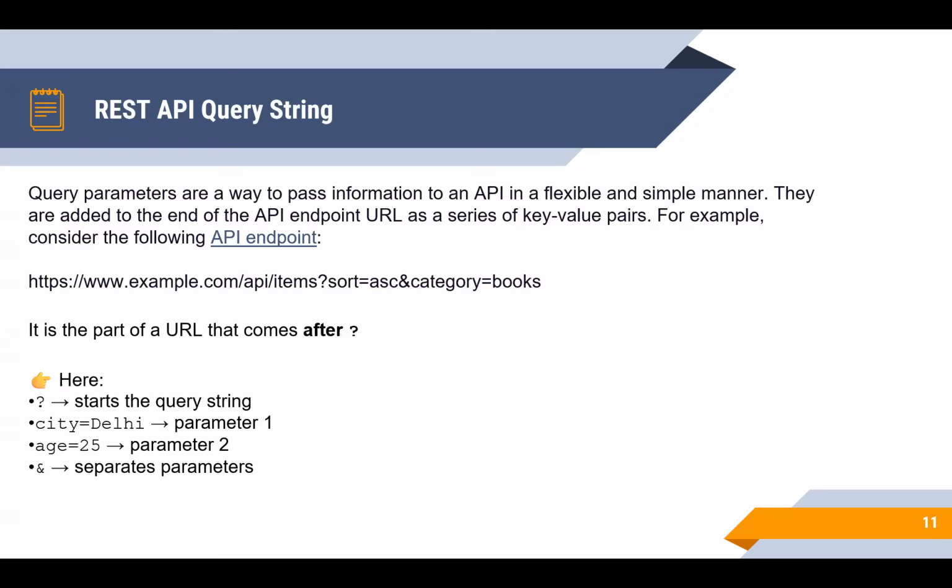Whenever you see any URL, it doesn't matter whether it's a REST API URL or any website URL, if you are able to see the question mark in any URL, before the question mark is your actual website, and after the question mark, you will get the query string.